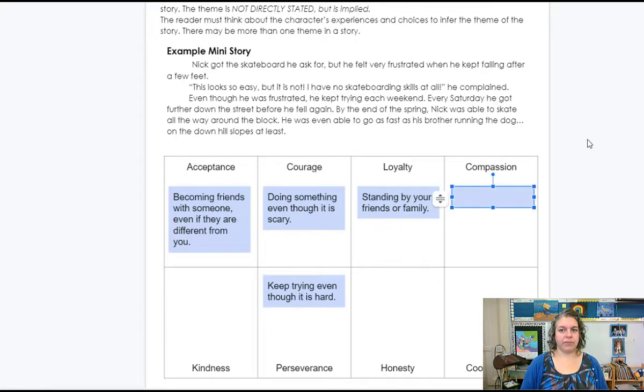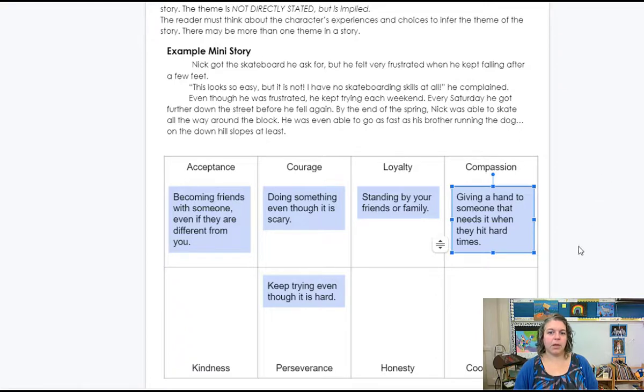Then we'll take a look at compassion. Compassion is giving a hand to someone that needs it when they hit hard times. This would be maybe taking care of someone when they're ill or maybe when they're elderly. That would be compassion, feeling for someone who's in a situation that's different than your own and trying to help them.